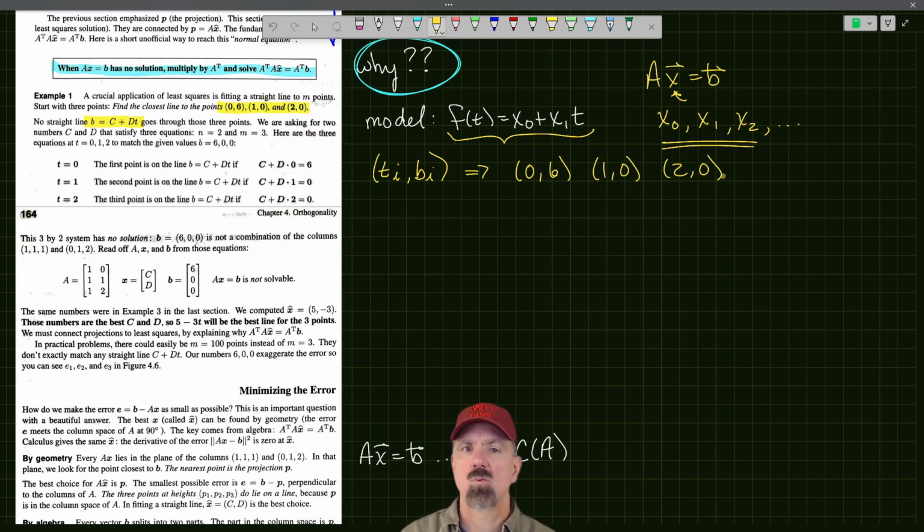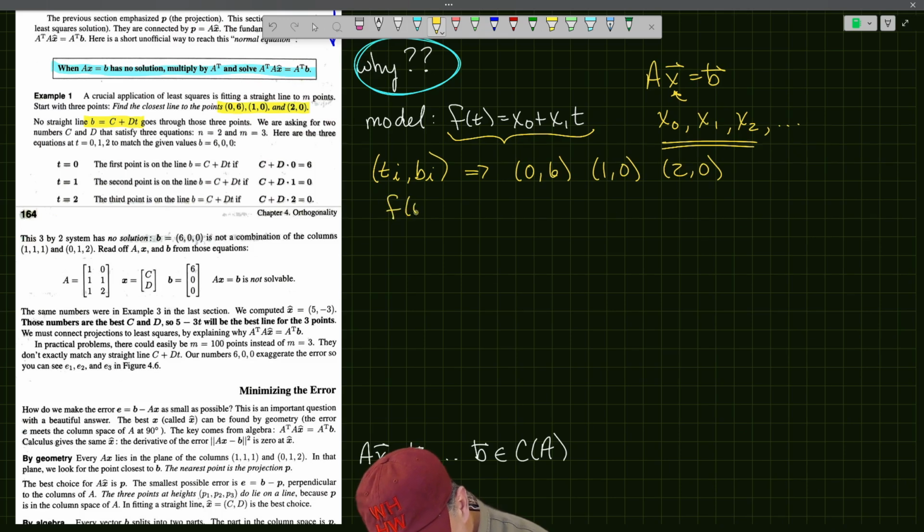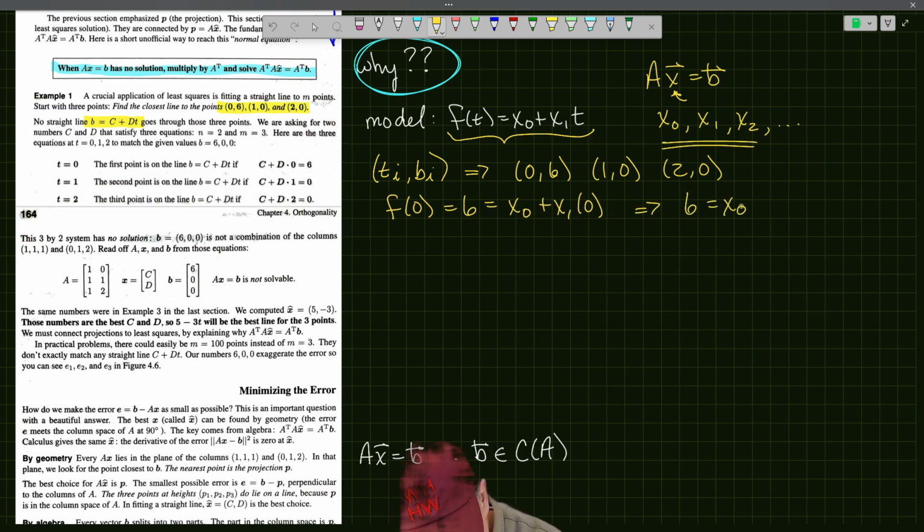And what we're going to do is we're going to use our model and we're going to write down 3 equations. Every data point gives us an equation. So f at 0 is equal to 6 is equal to x0 plus x1 multiplied times 0. And this equation just becomes 6 is equal to x0.